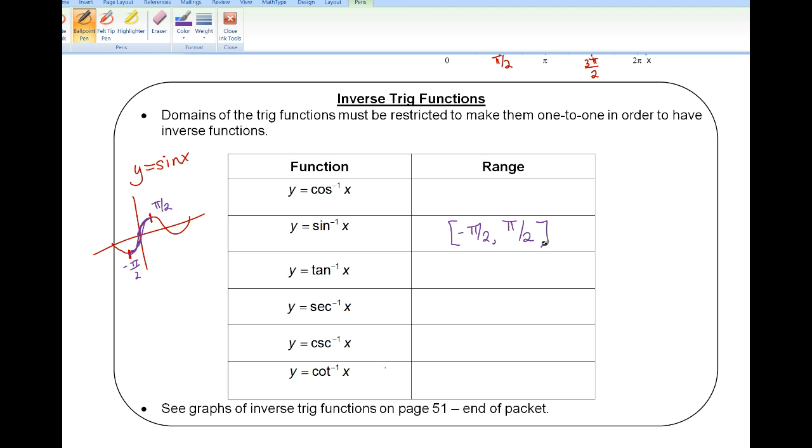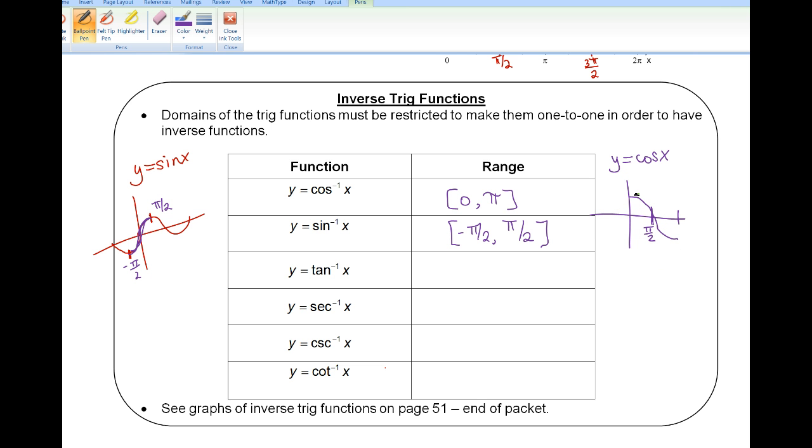For cosine, well, what about the cosine graph, Daniel? 0 to pi. Because think about y equals cosine x. Is it brackets? It's brackets, right? Yeah. Right, so here, this is pi over 2 now.